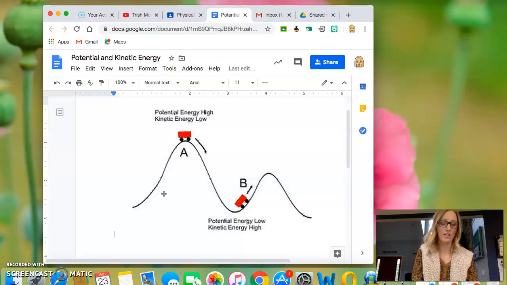It has stored energy. So the book moves from kinetic energy to potential energy.